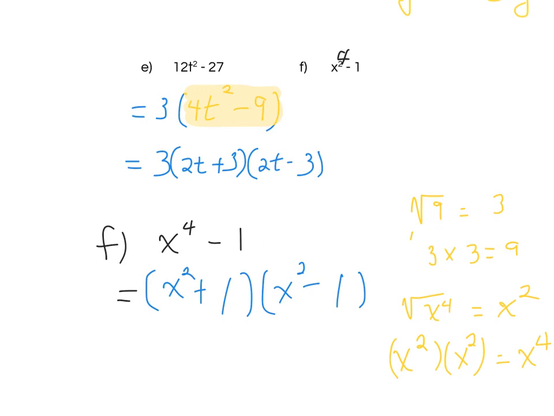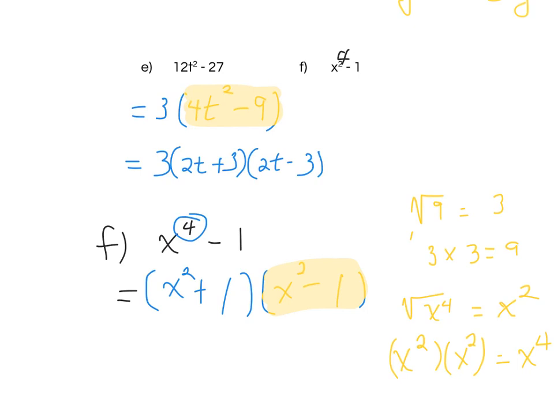I always want to make sure, especially when I have questions with higher exponents, that what I am left with is not factorable. And I am keenly aware that what I have in this second bracket here is, you guessed it, another difference of squares, which means that I'm not done.